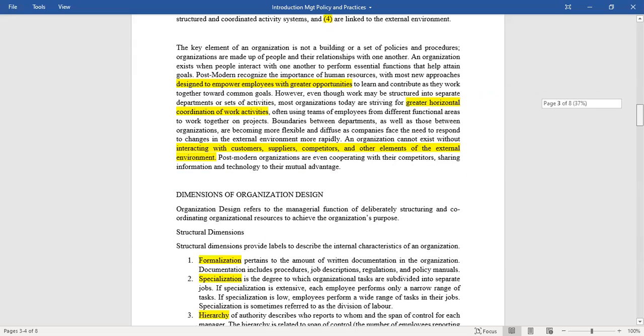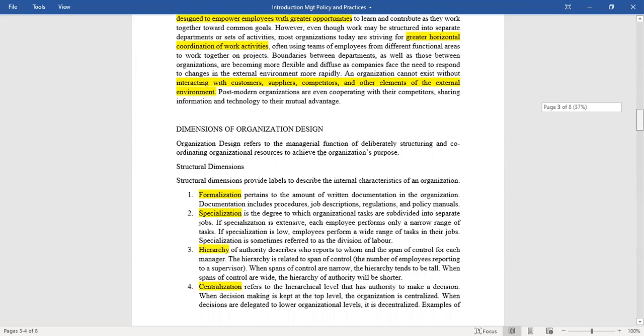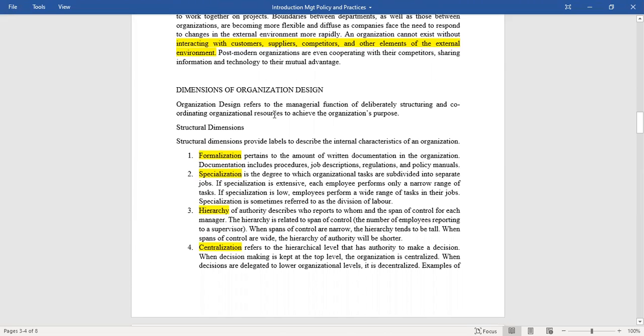Now let us look at what organization design is. Organization design refers to the managerial functions of deliberately structuring and coordinating organizational resources to achieve the organizational purpose, right? So this structuring and coordination of any organization, that is, structuring means how the resources of the organization, including human resources, are coordinated, that is part of the organization design.